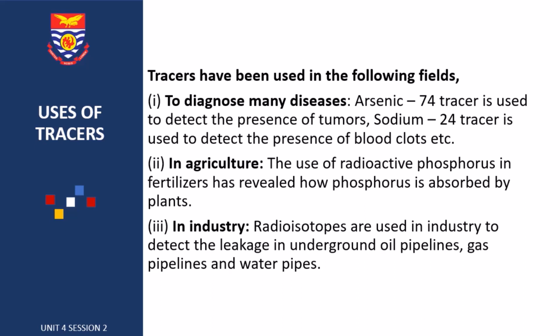One of the ways is to diagnose many diseases in medicine. For example, the arsenic 74 tracer is used to determine the presence of a tumor, and the sodium 24 tracer is used to determine the presence of a blood clot.